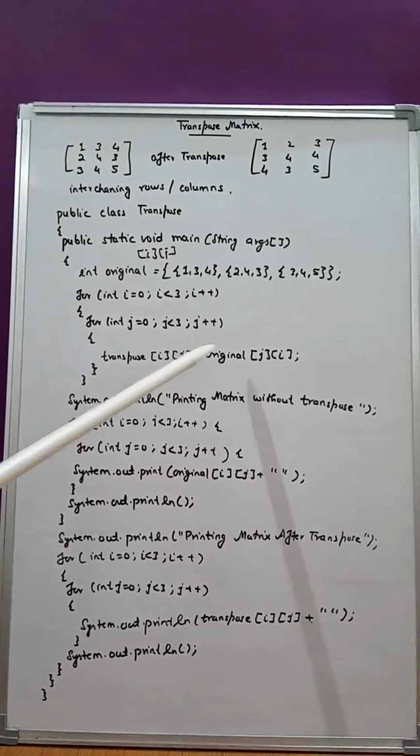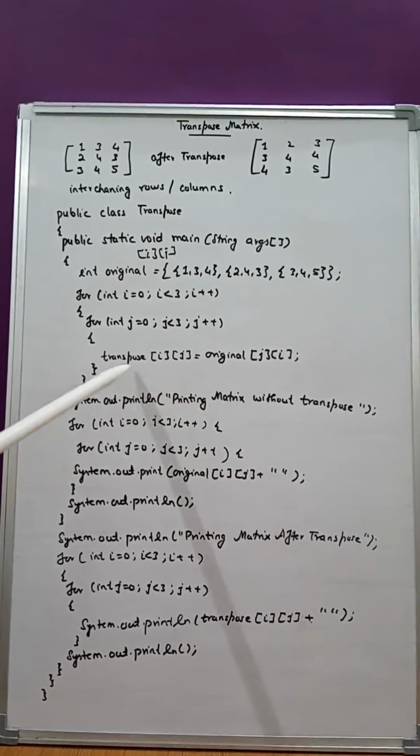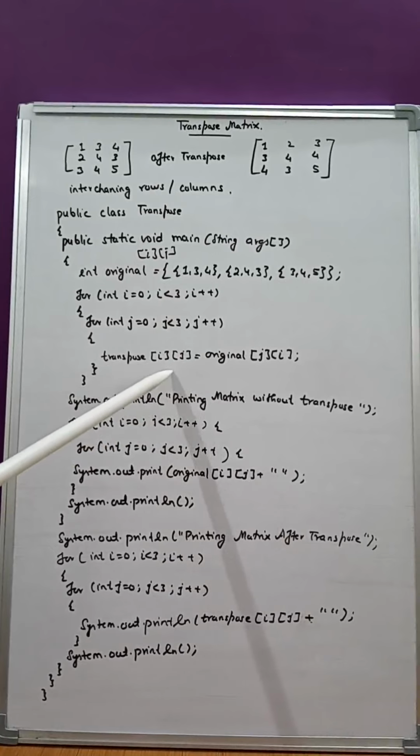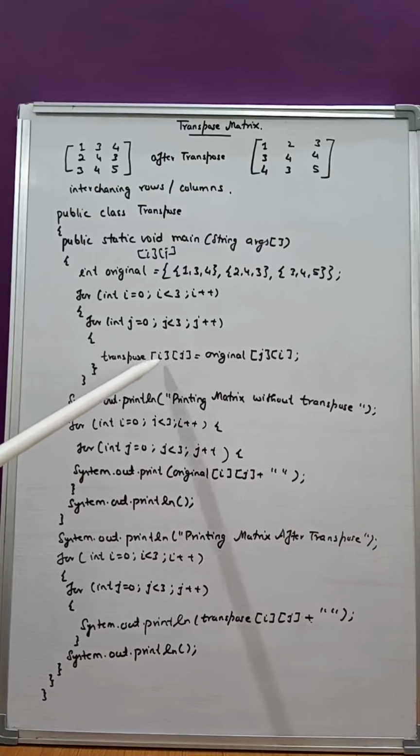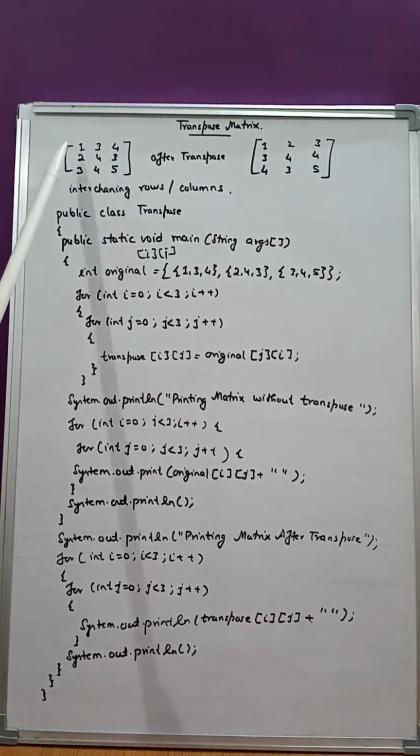The same value will be kept inside the transpose matrix at 0,0. Now when the inner loop runs the second time, with j equal to 1, we have the position 0,1 in the transpose matrix.